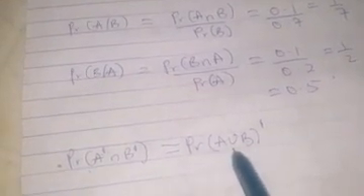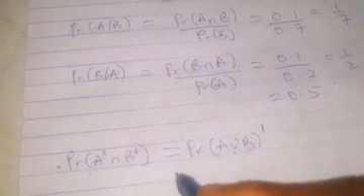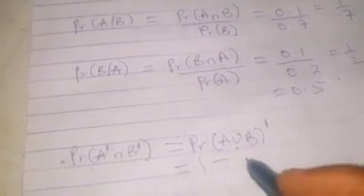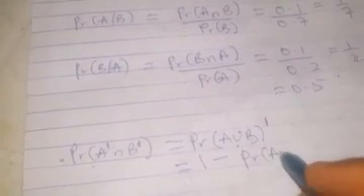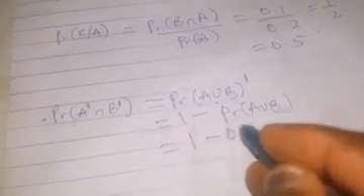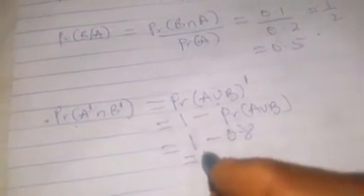That is according to De Morgan's rule, which is equal to 1 minus probability of A union B. So that would be 1 minus, what did we get as probability of A union B? Probability of A union B here is 0.8, so that will be 1 minus 0.8, which is equal to 0.2.